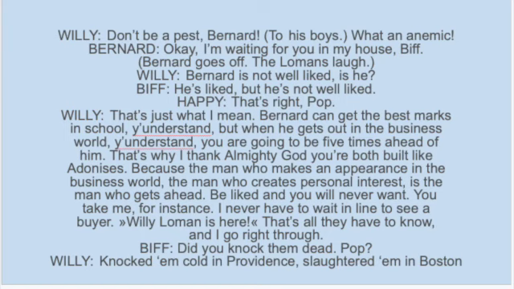But when he gets out in the business world, you understand, you are going to be five times ahead of him. That's why I think, God Almighty, you're both built like Adonises. Because the man who makes an appearance in the business world, the man who creates personal interest, is the man who gets ahead. Be liked, and you'll never want. You take me, for instance. I've never had to wait in line to see a buyer.